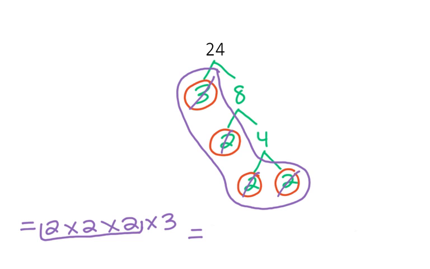If you don't remember how to write exponential form or an expression with exponents, I am going to leave you that video here so you can have a refresher about powers and exponents. So 2 to the power of 3 times 3 will be another option of writing the answer of prime factorization of 24.